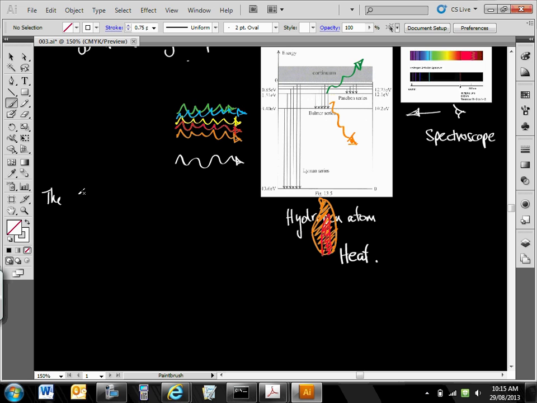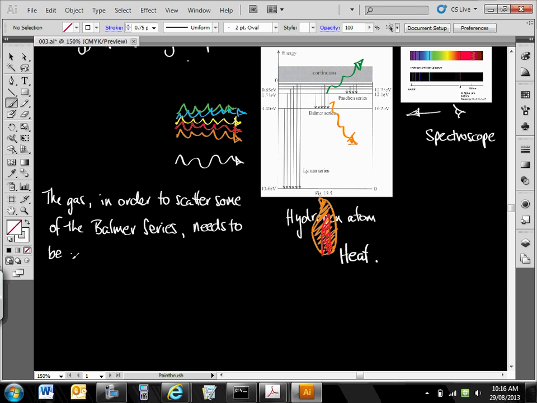The gas, in order to scatter some of the Balmer series, needs to be in an excited state in the first place.